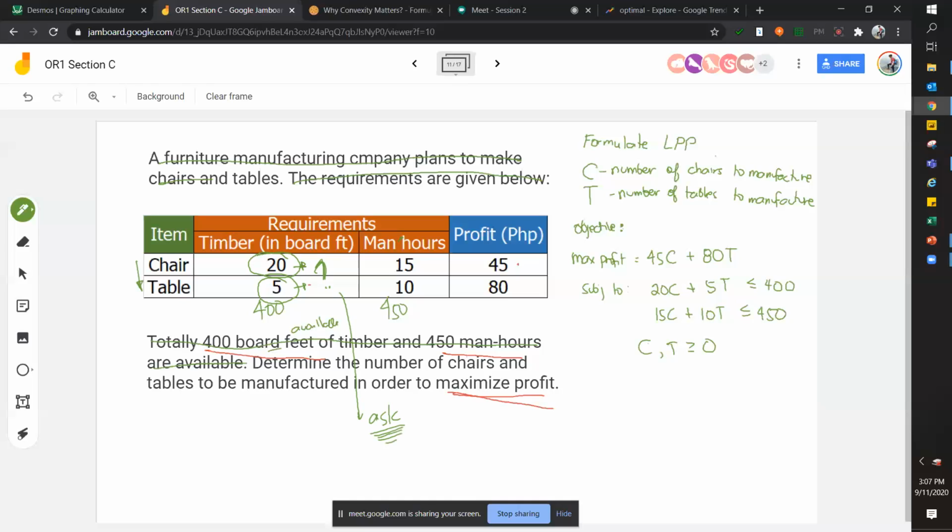Ayoko guys na, okay, ito na yung data, then that's it, solve na. Hindi pwedeng ganun. You have to ask questions. Okay? So, for our case, mali daw to. Dapat ito ay 520. And then, yung profit, yes, kada isang chair, realistic naman, mas makakamura as compared sa table.